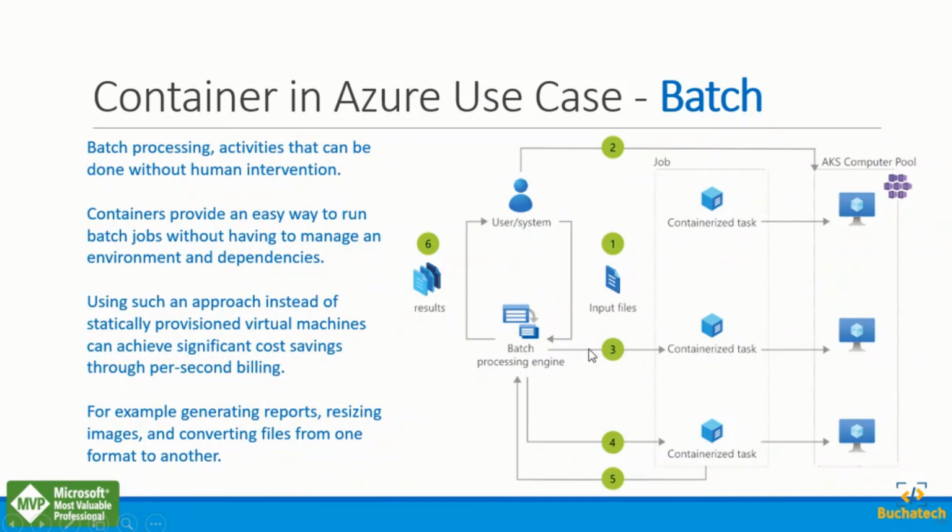And you would have another job that runs here, containerized task, using the batch processing engine. And maybe that's moving it over to a virtual machine here, right? And maybe it's moving some other images through a containerized task to another virtual machine, where then some other process is going to work with those files, or maybe it just stores those files there, right? So this is just an example of using Azure Batch with containers.